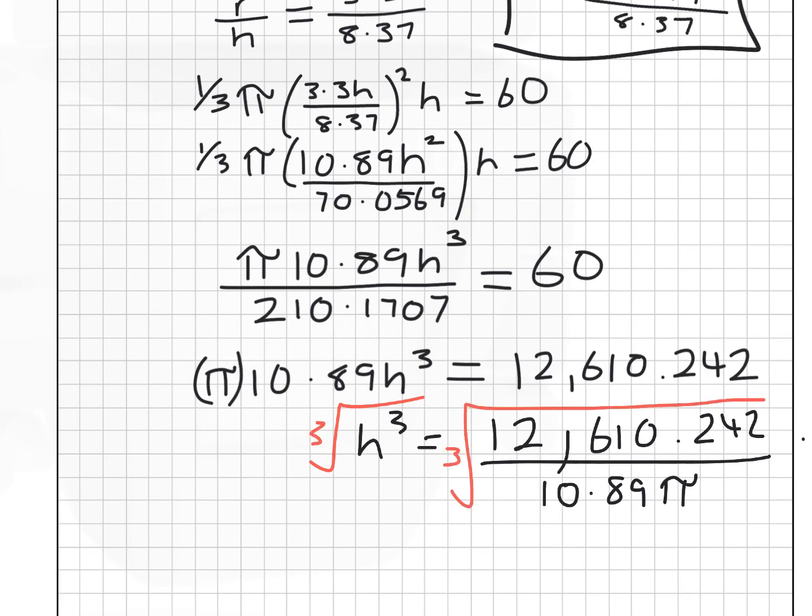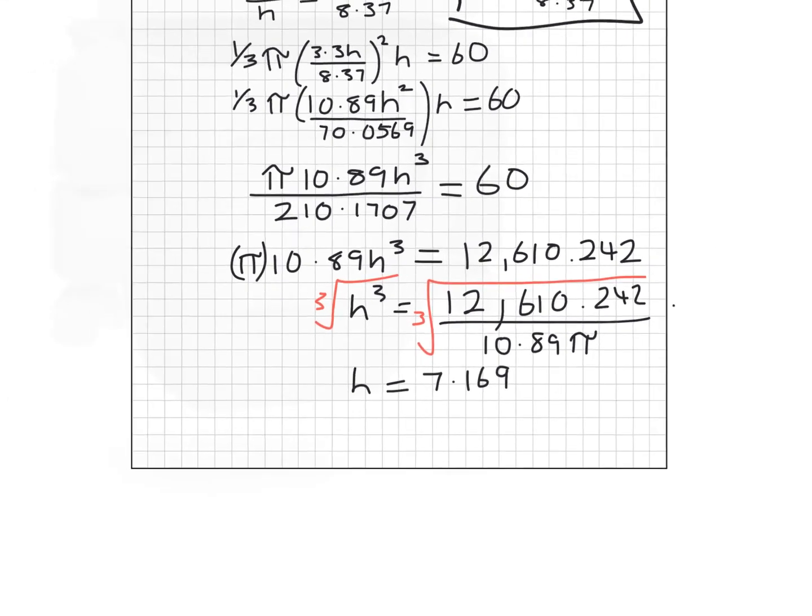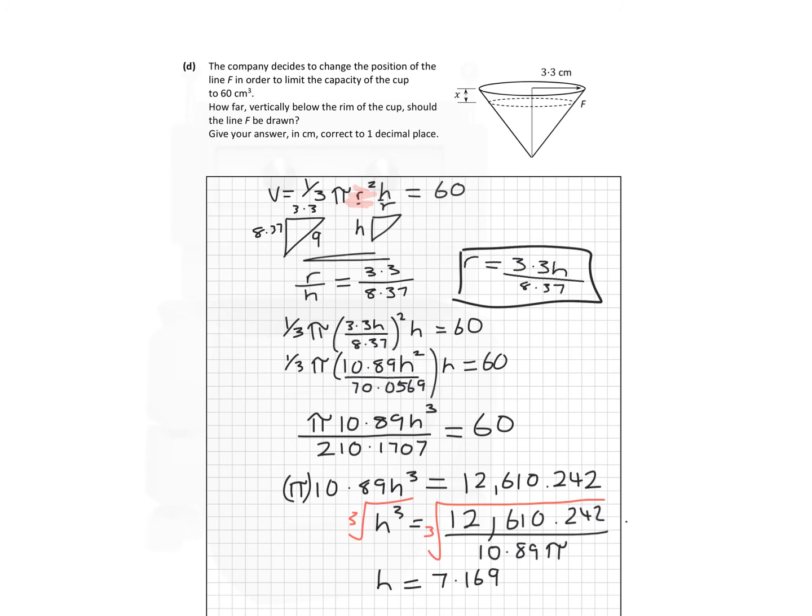I'm doing that at this point just because I want to put all of that into a calculator. When I cube root that, I get h is equal to 7.169.